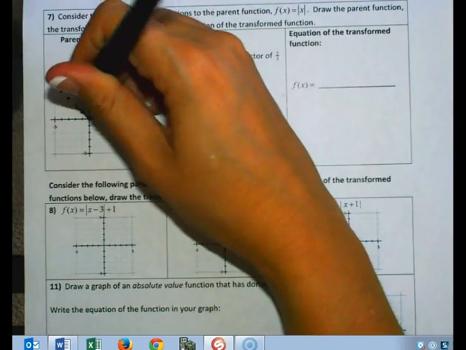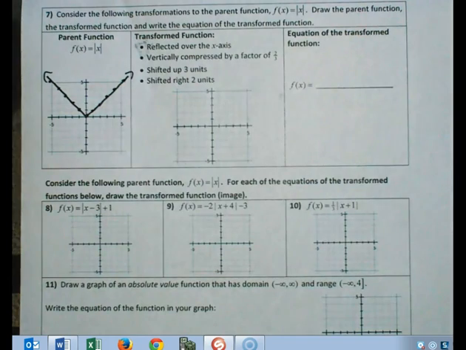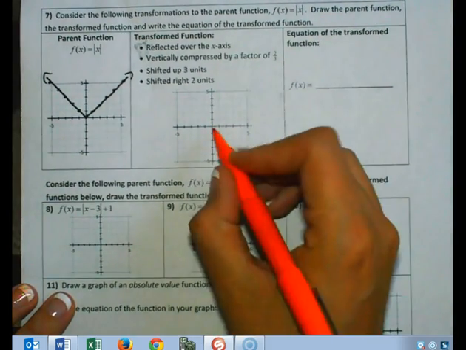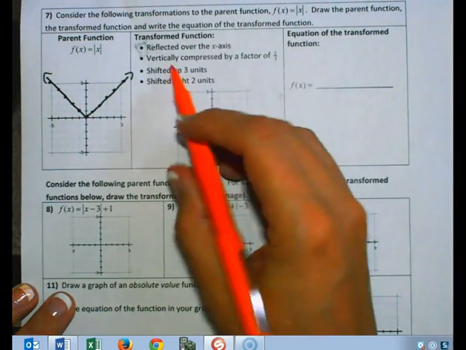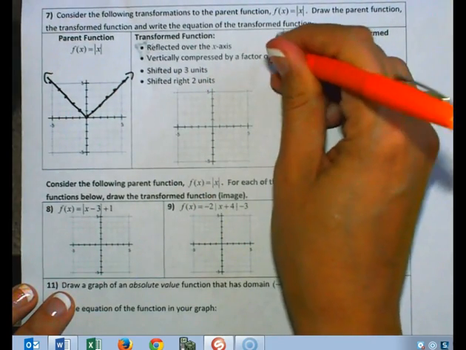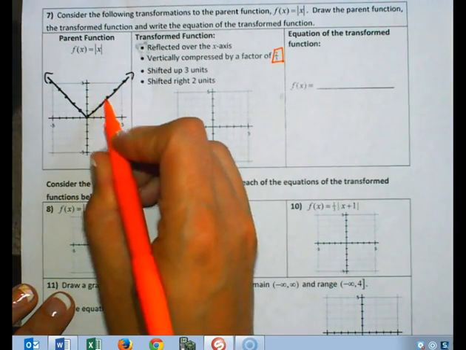All right. So now it says we're going to draw the transformed function. So I have reflection over the x-axis, which I know means a flip down. So I know that this graph is going to be pointed down. It says a vertical compression of a factor 2 to 3. For lack of a better term, that's your slope. Notice over here we did up 1 over 1, up 1 over 1, up 1 over 1.